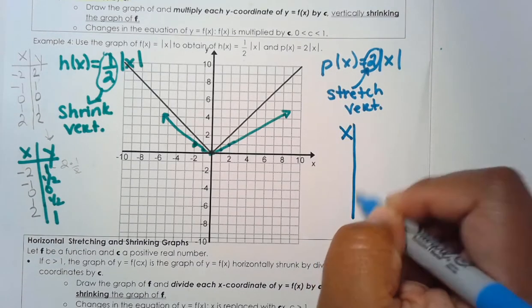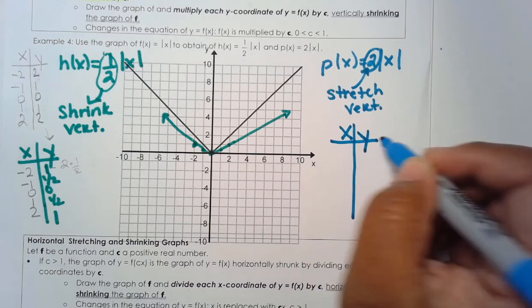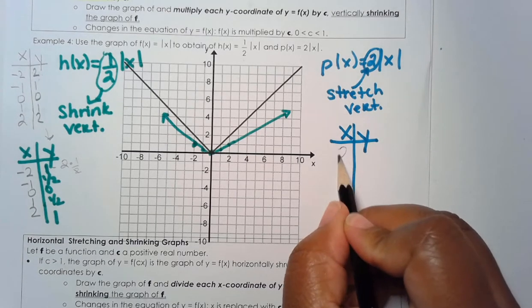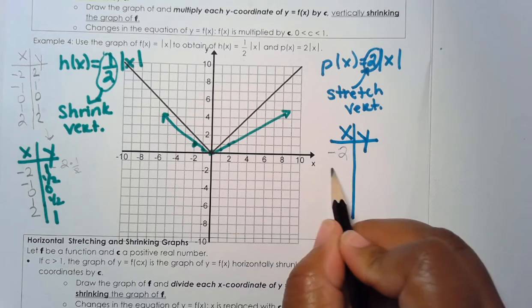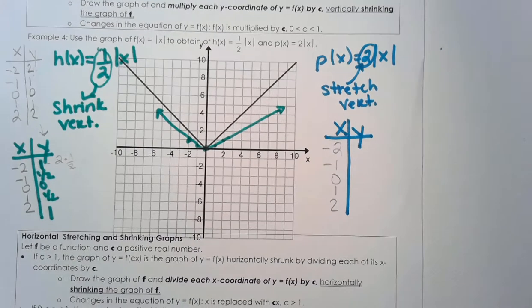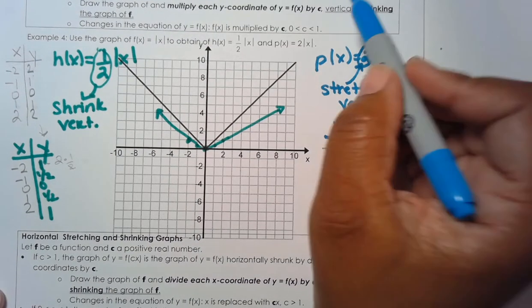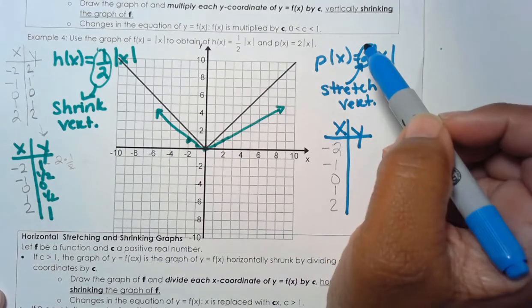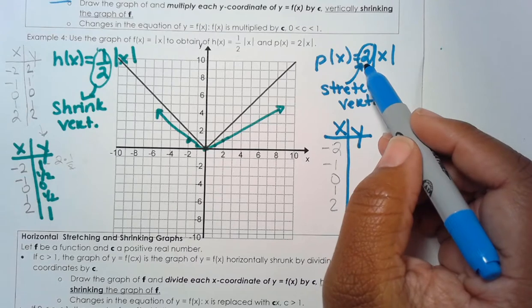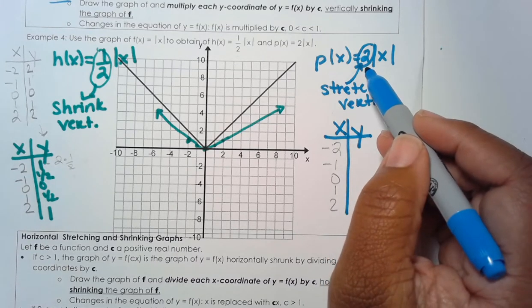Still keep in mind that our values of x for our x column are not going to change. What's going to happen, here again, we multiply each of the y coordinates by whatever we're calling c. Our c here is 2.